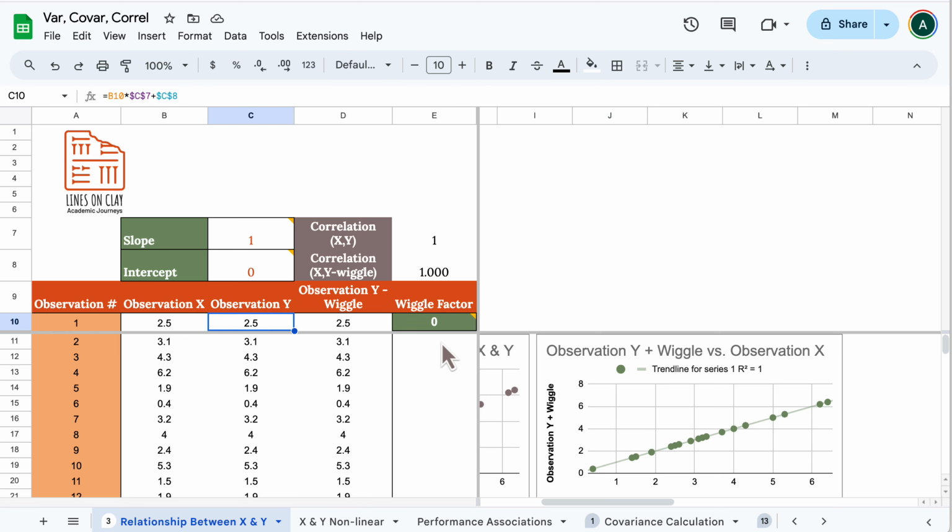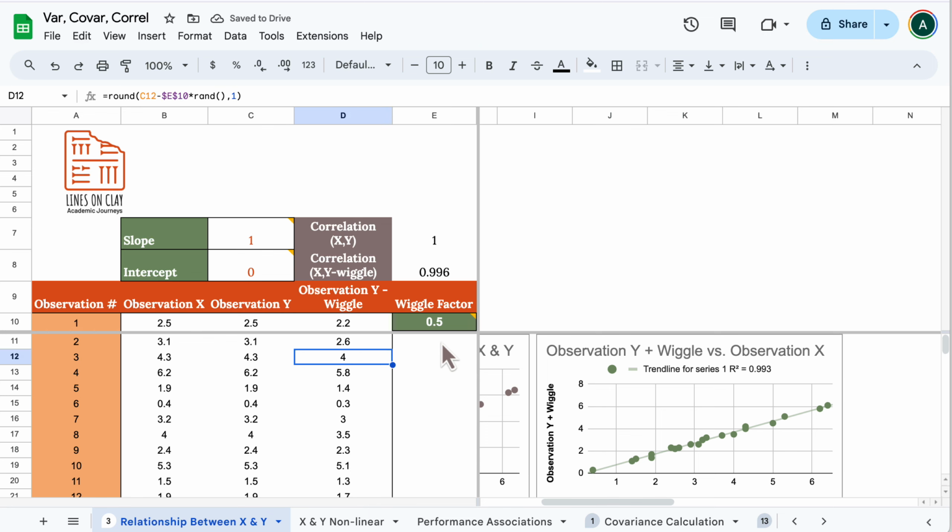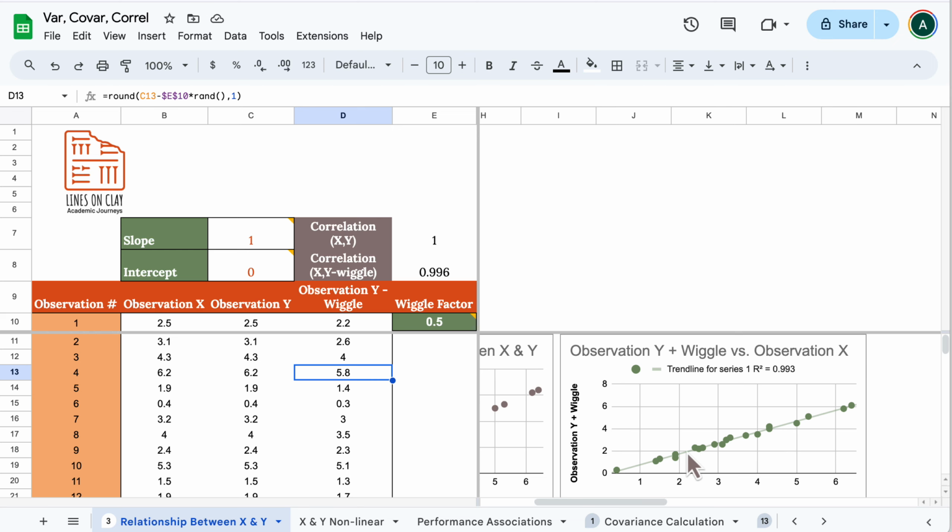Right now, with no wiggle factor, they're once again perfectly the same. They line up. But if I put in a wiggle factor of, say, 0.5, now all of a sudden a random number somewhere between 0 and 0.5 is being subtracted from my observation Y. I could have just as easily added it. And now it doesn't line up quite as well as it used to, does it?